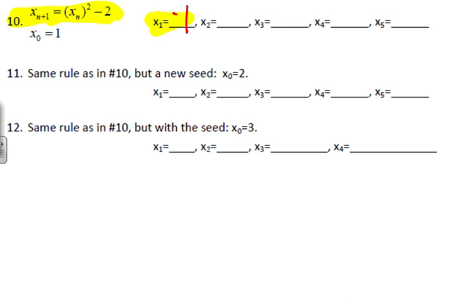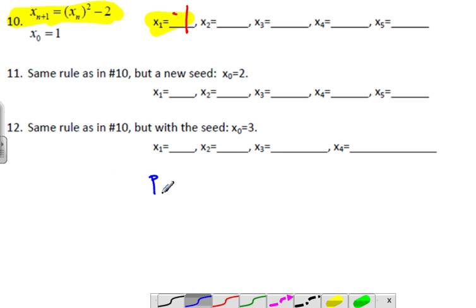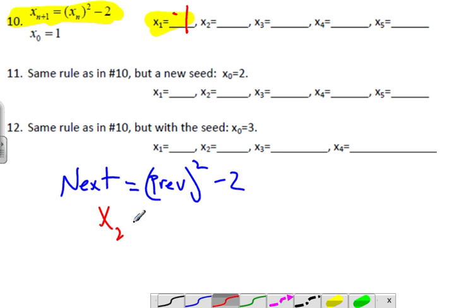All right, let's repeat the process, because that's what recursion does. It repeats the process. It'll take the last term again. It'll apply the same rule, which is squaring and subtracting 2, and that's how it will obtain the new term. So if we want the second iteration, we'll need to take the previous iteration, which is negative 1, square it, and subtract 2.